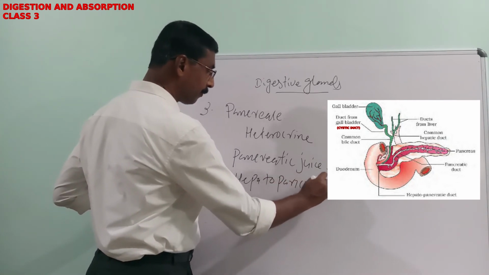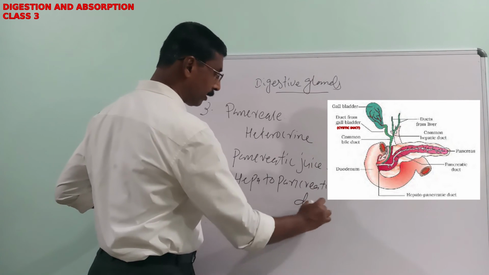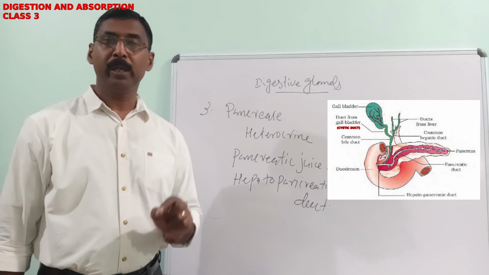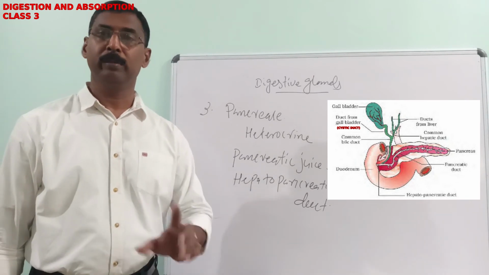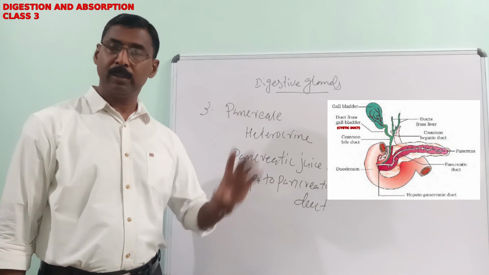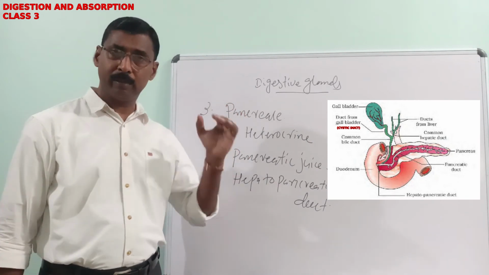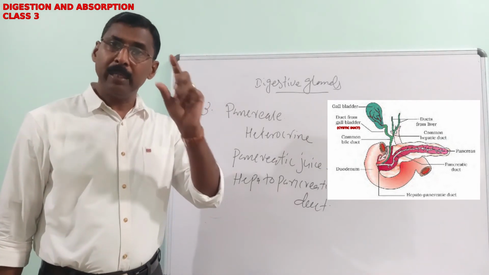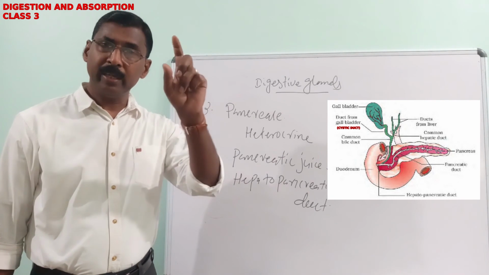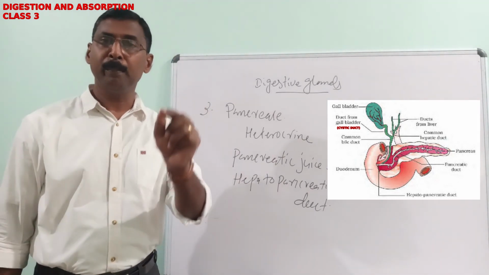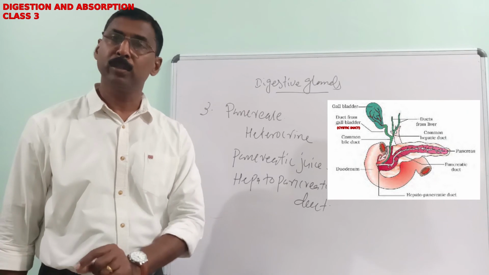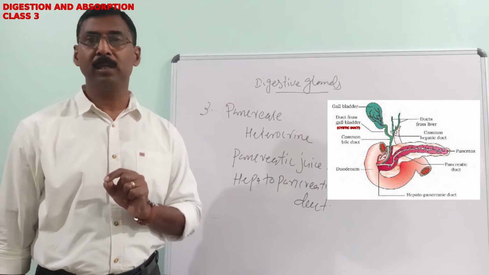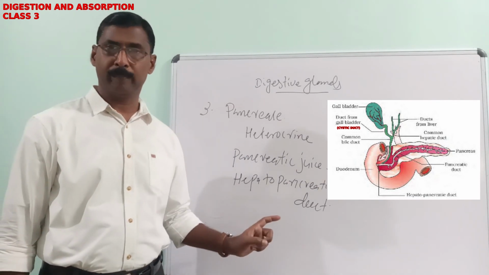Hepatopancreatic duct. Actually, this hepatopancreatic duct opens into the duodenum. When we were discussing the liver, I told you that bile is carried from the gallbladder by the common bile duct and released into the duodenum. Actually, it is not the common bile duct that releases the bile into the duodenum.